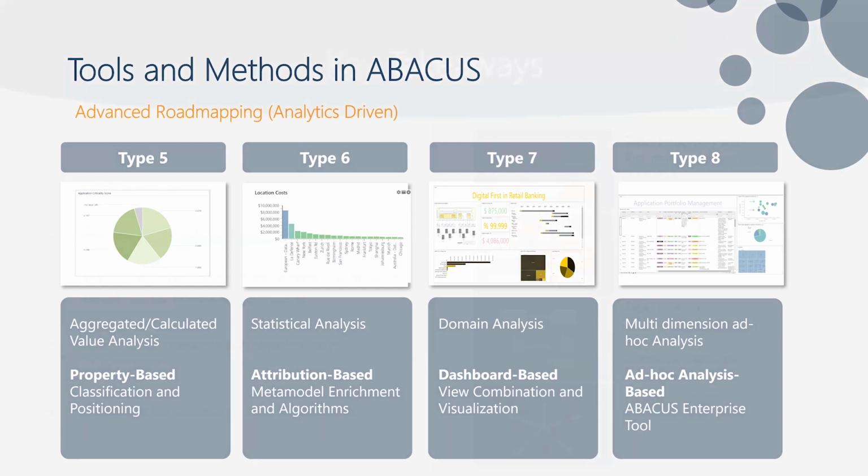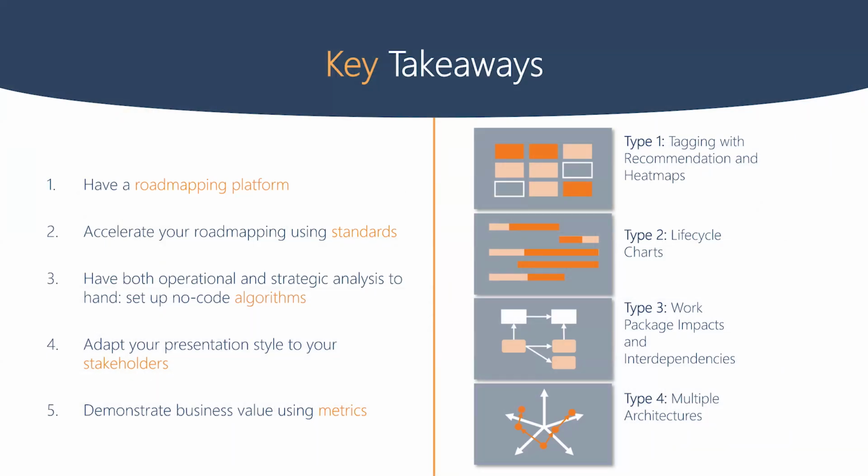So just as a few quick things, a quick recap on obviously what we've covered today, which was those 4 key types of roadmaps. Having a road mapping platform, of course, at number 1 there is critical. Of course, in this case, we're recommending Abacus, but we know people have other types of road mapping platforms they use. The main benefit of using something like Abacus, which hopefully you've seen today, is that we're incorporating data across multiple domains.